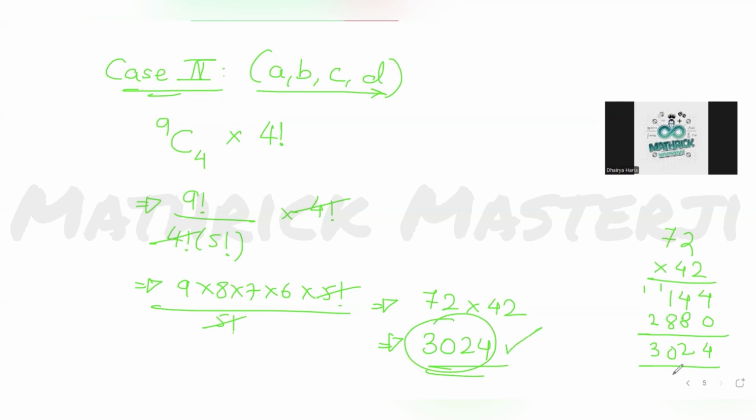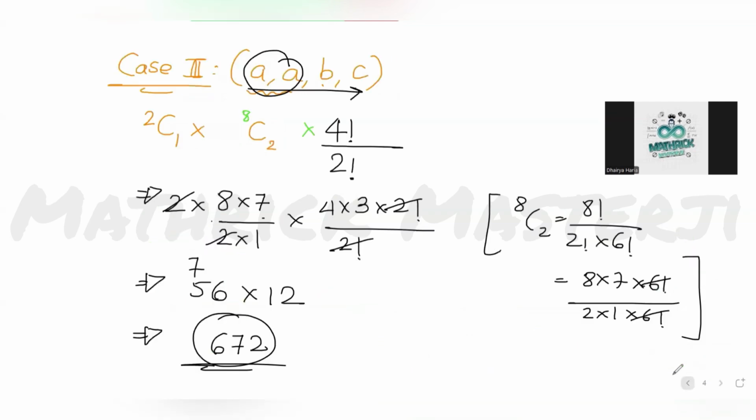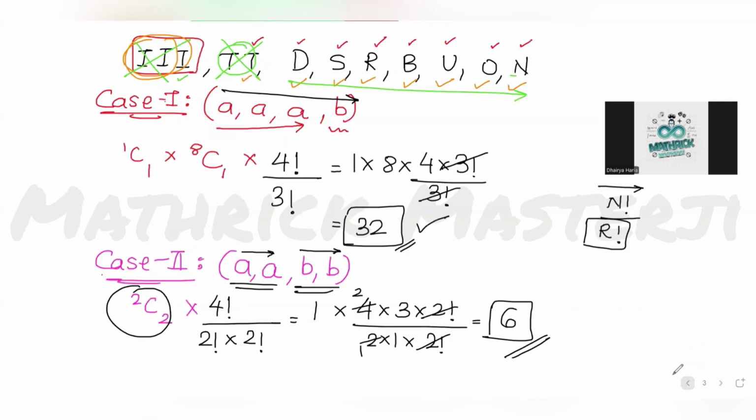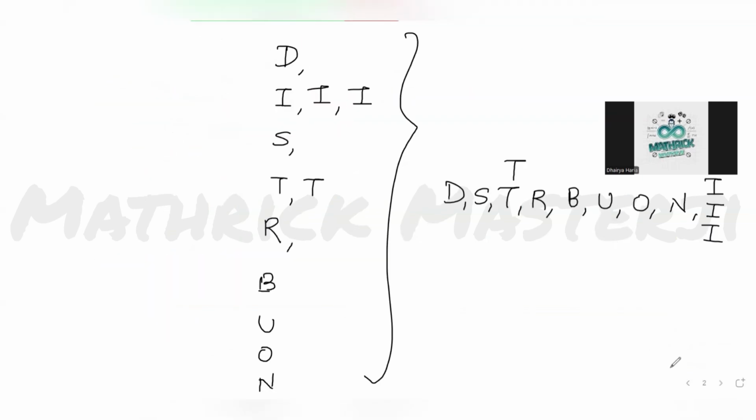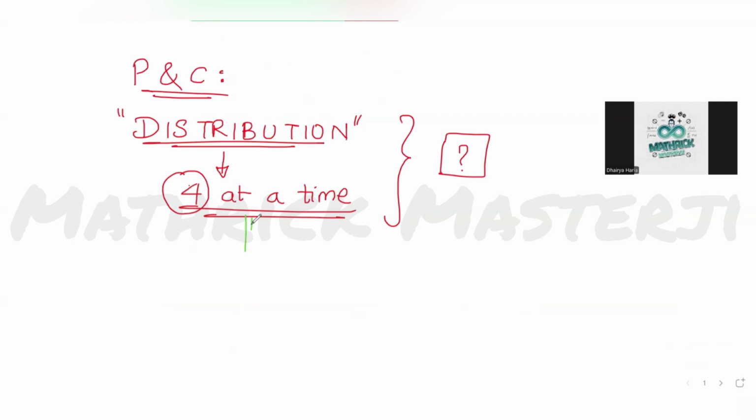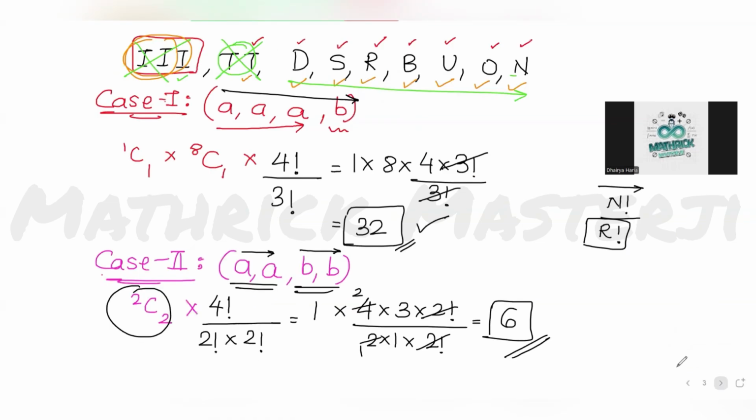So I have all the 4 cases done with me. Now if I just add all of the total number of words that I can form with this word of distribution taken 4 at a time, let's see how many total words I'm able to form. So 3024, I had 672 words. I had 6 words. And the first case gave me 32 words.